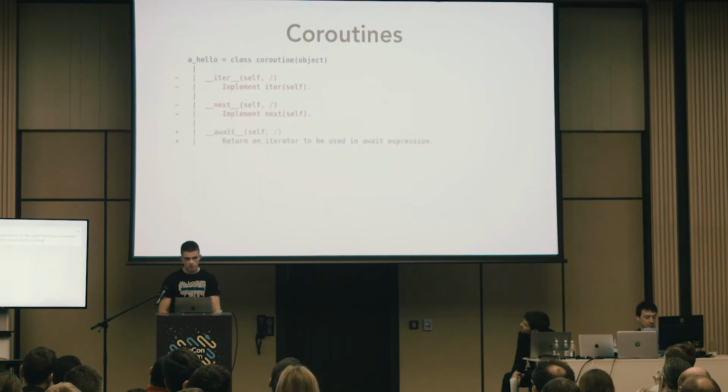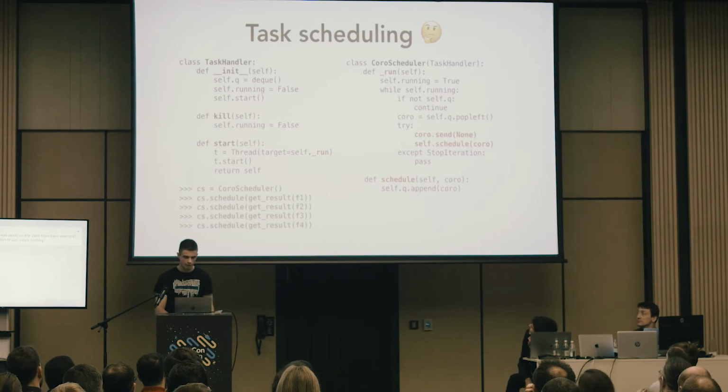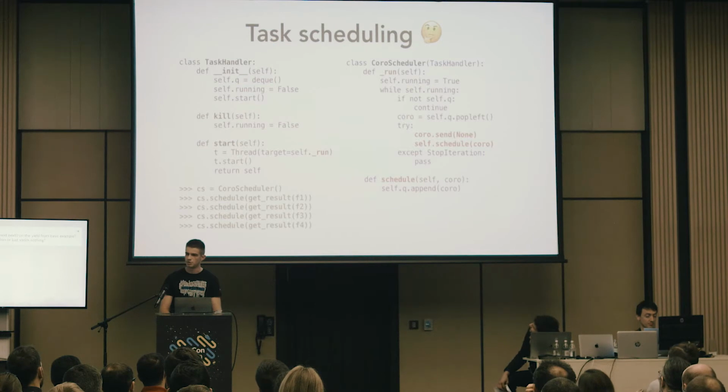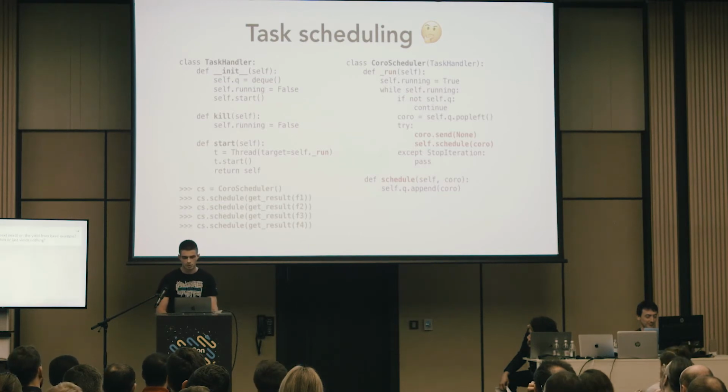So we have coroutines and async await. When you get to this point in your learning journey, you start to implement your own task schedulers, because you don't want to run your coroutines by yourself. You get some sort of task scheduler.